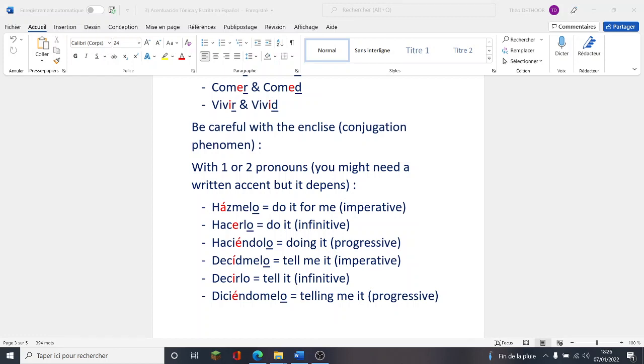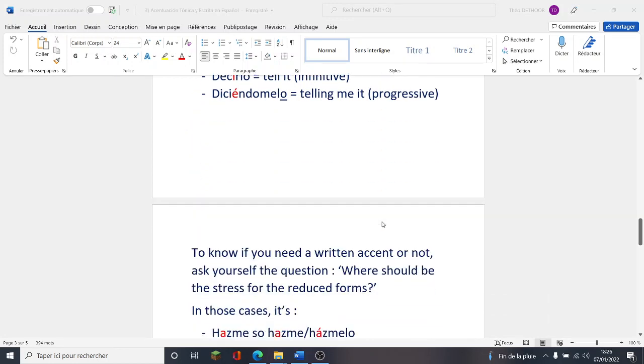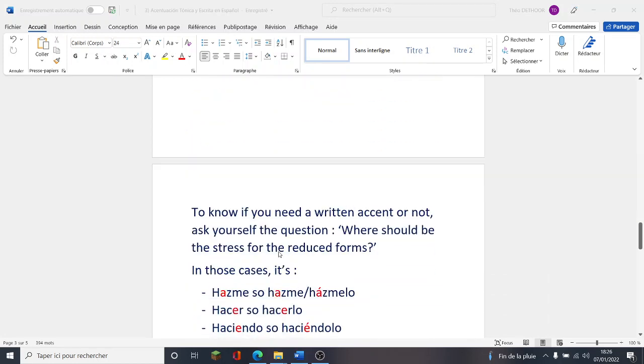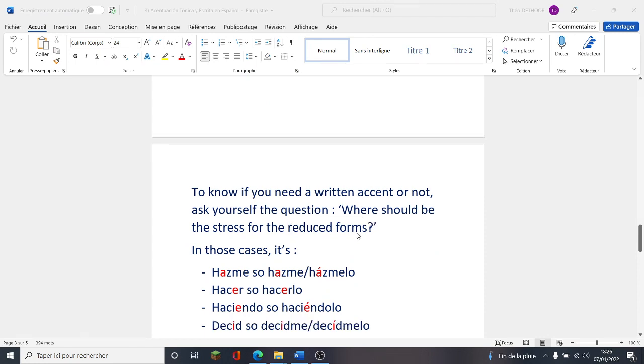But basically, how can you recognize which vowel should be stressed? Because if you know which vowel is stressed, you know whether or not you need a written accent. How can you know which vowel is stressed? Well, you need to ask yourself the question: what is the reduced form of those verbs that use enclisis?